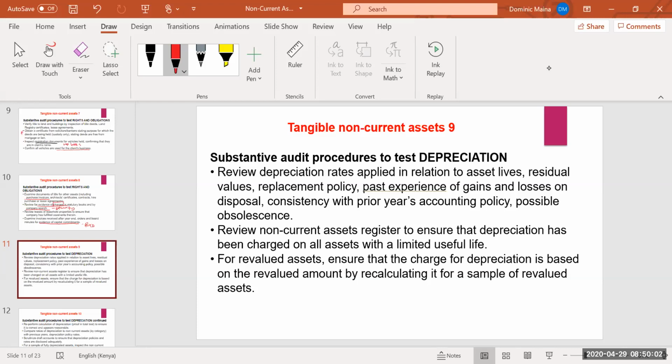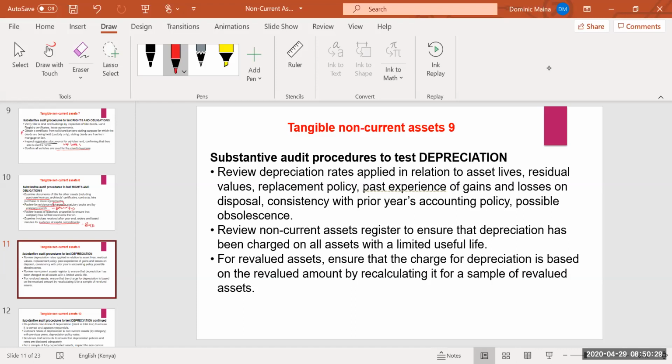They may be used for 10 years, 20 years, 40 years, 50 years. Either way, the company needs to be charging depreciation, unless the assets have been fully depreciated. Otherwise there needs to be a depreciation charge for the year for that particular asset.